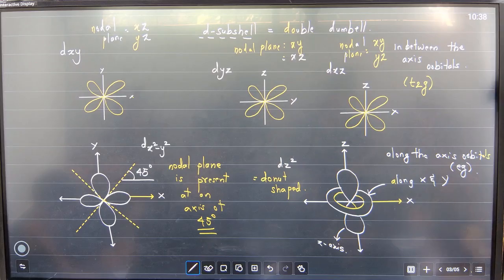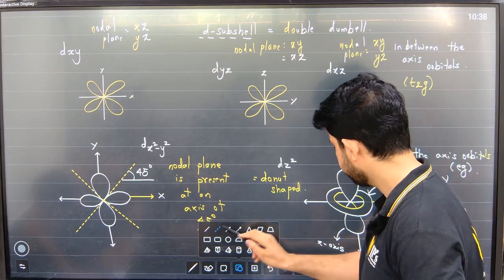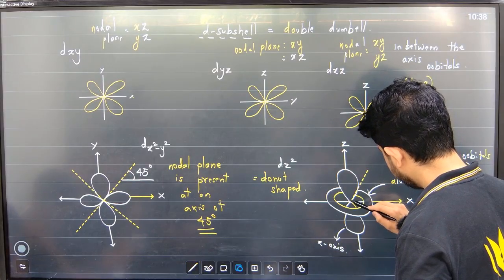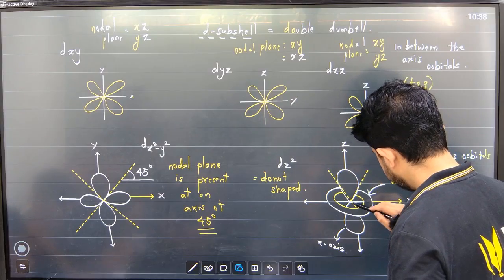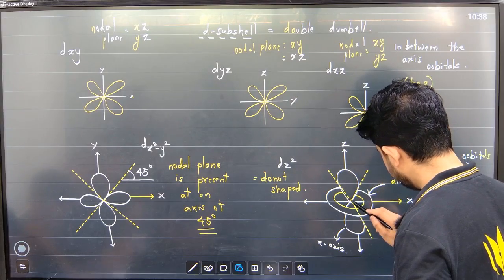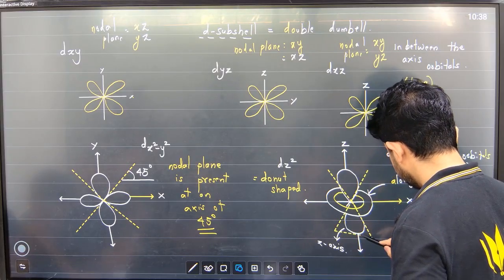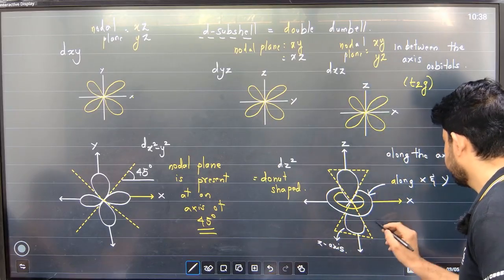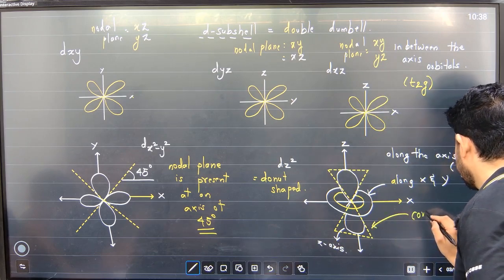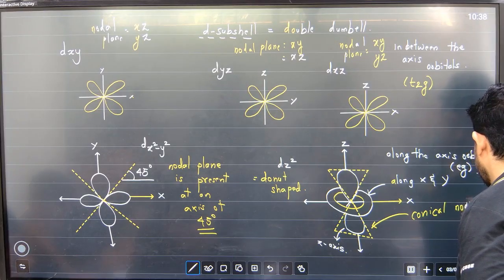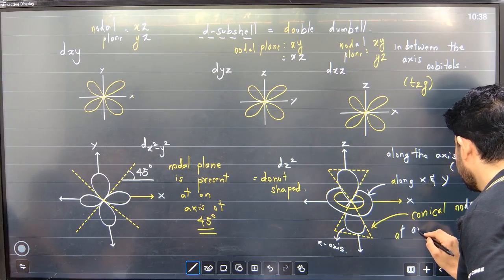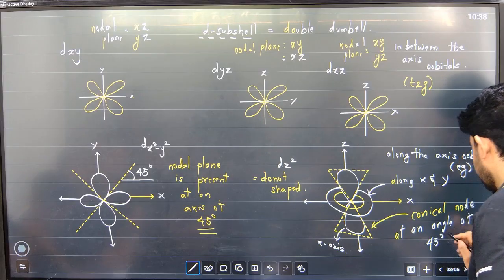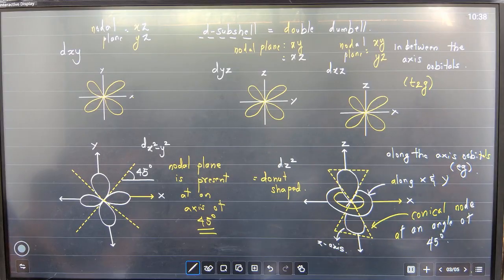And last, when we look at dz square, the node is in the shape of a cone. A conical node, at an angle of 45 degrees.